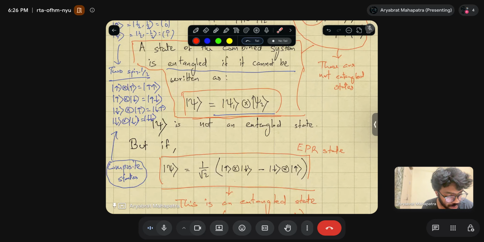But if we have some linear combination of these product states and we won't be able to factorize it or simplify it to this, then that guarantees us that it is an entangled state. Individually, these product states or composite states are not entangled states. They can be entangled only if we have this type of linear combination. So we have to find out that.